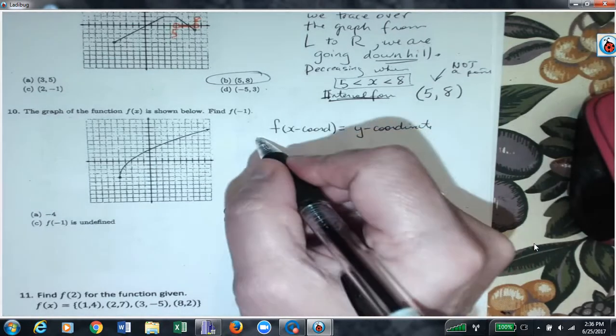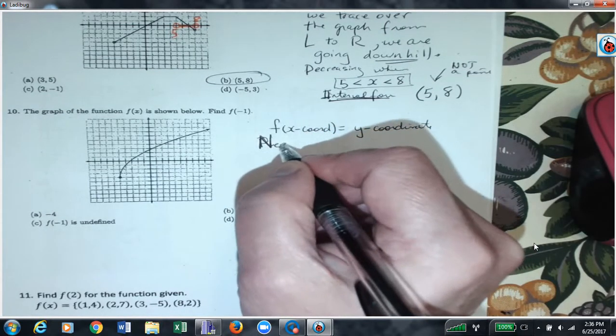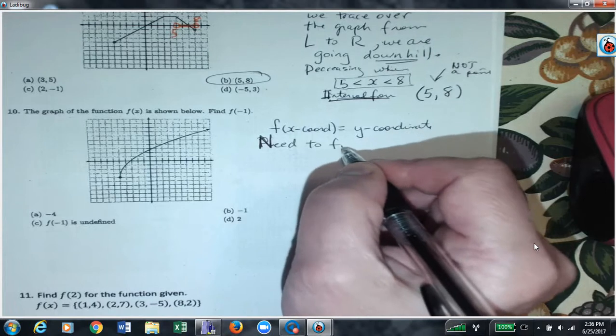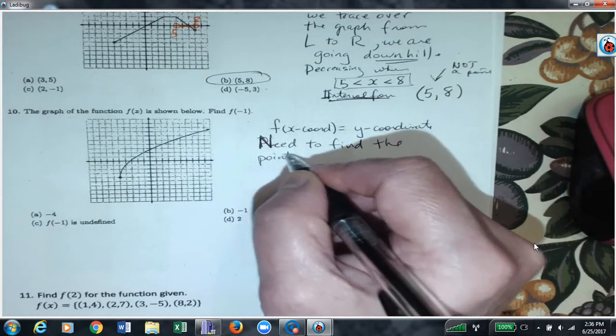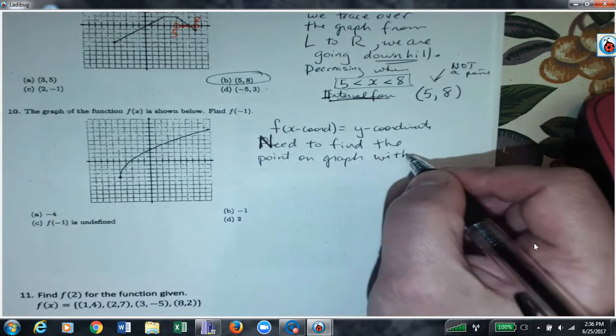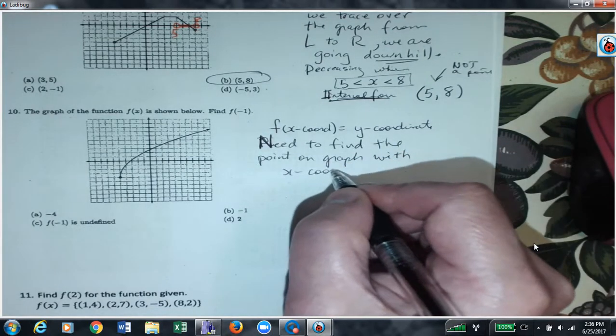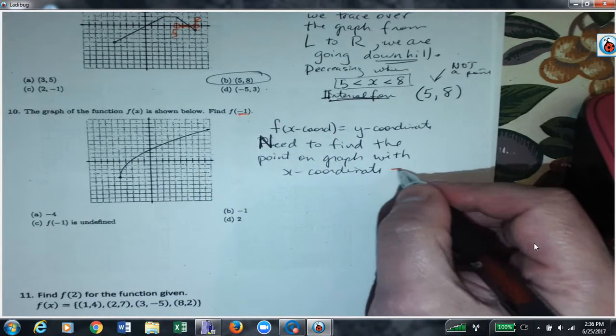So we need to find the point on the graph with x coordinate -1.